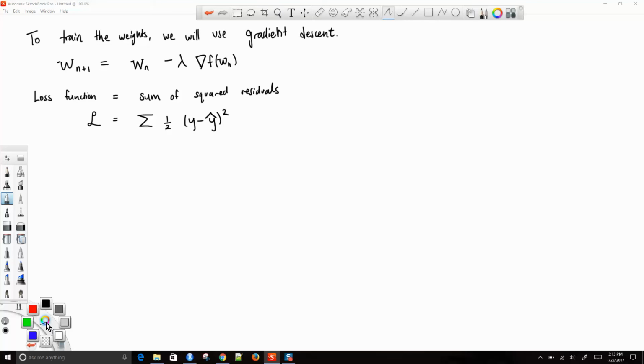This 1/2 is just artificially inserted to get rid of the 2 later.